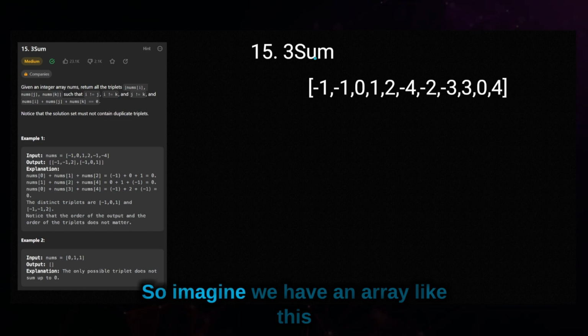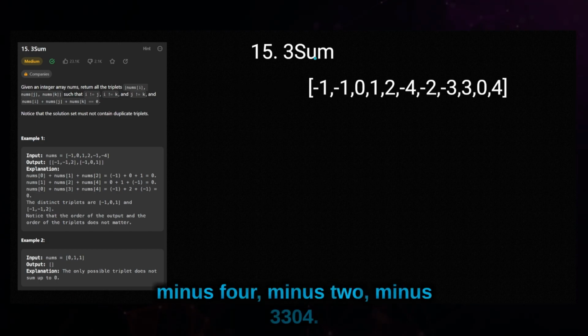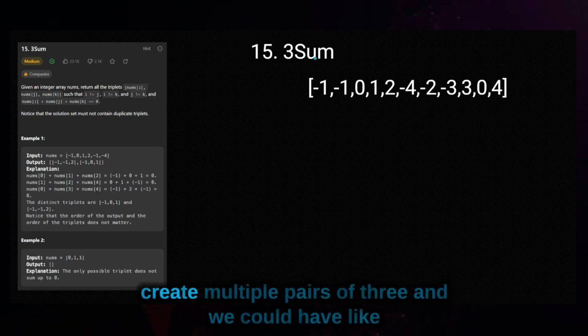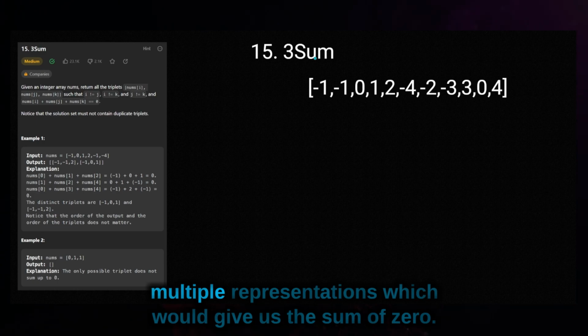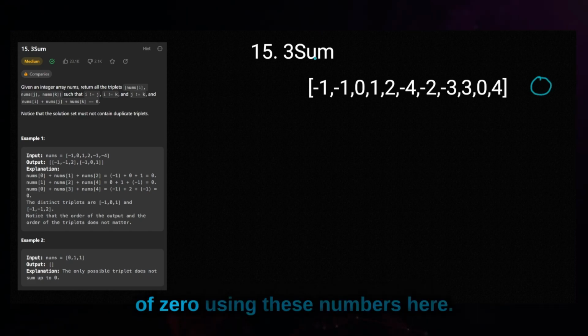So imagine we have an array like this one here, which is -1, -1, 0, 1, 2, -4, -2, -3, 3, 0, 4. We can create multiple triplets, and we could have multiple representations which would give us the sum of 0. So we want to get a sum of 0 using these numbers.